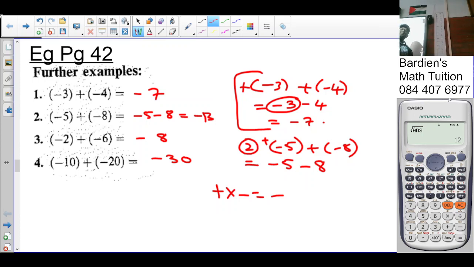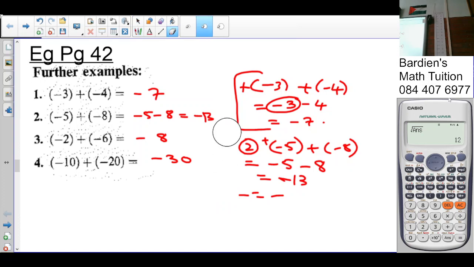Negative 5 minus 8. Which way am I going, left or right? Left. You have to go left. Negative 5 minus 8 is what? Negative 13. Okay?